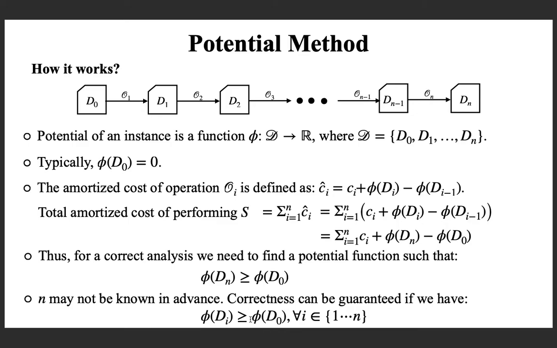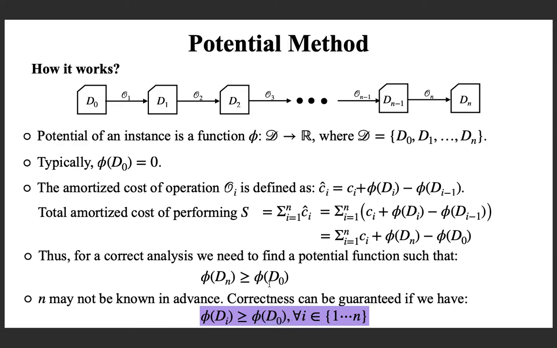This is actually a stronger condition. If the potential of the ith instance is greater than or equal to the potential of the initial instance for all indices i in the sequence, then the correctness follows, because when i becomes n, you have exactly the condition we have to satisfy.